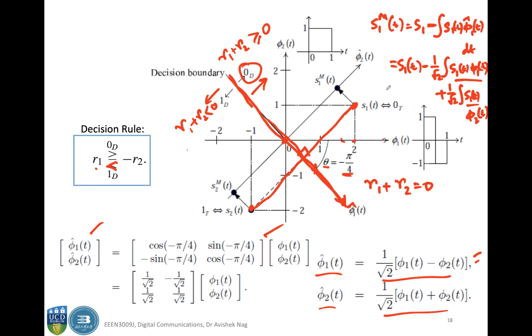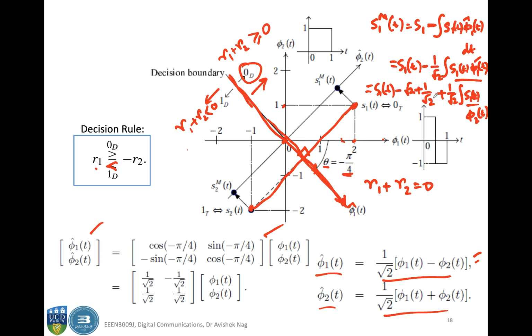So basically the final expression will be S1(t) minus, this is S11, so this is 2, 2 over root 2 is root 2, and this one is S12, S12 was 1, so this will be plus 1 over root 2.